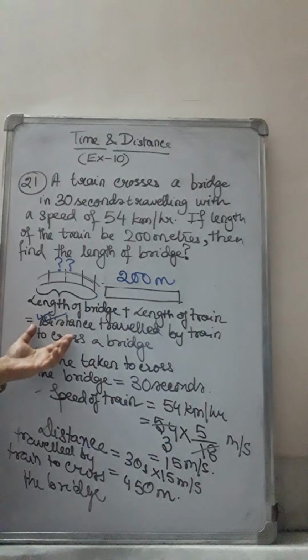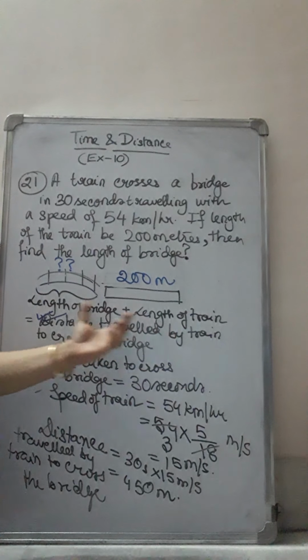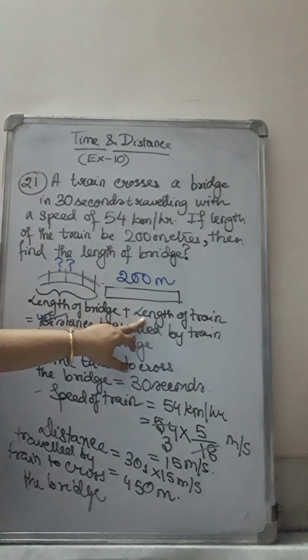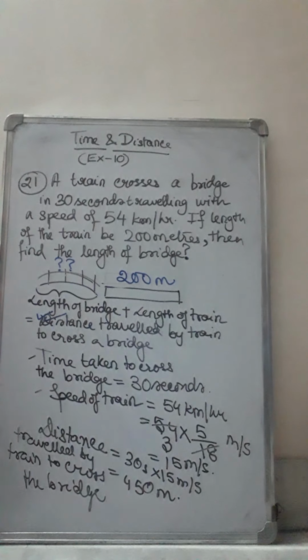We got the distance travelled by the train to cross from the time and speed. Now we can break this up into two, because the length of the bridge plus the length of the train also gives the same thing, and we know the length of the train. So we can easily find the length of the bridge. That is the requirement.